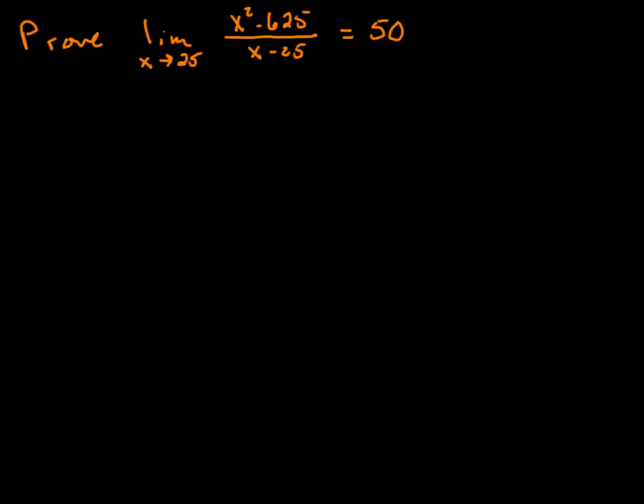It's exactly coming out of the example we worked out before, but now we're looking at limits, and the same intuition in the previous work gives us all the help we need here.